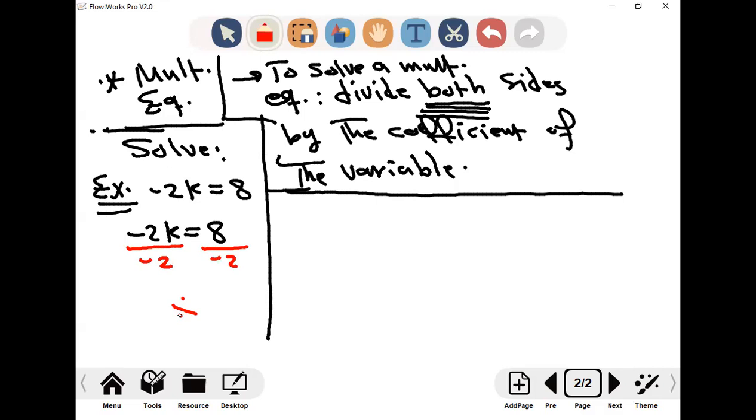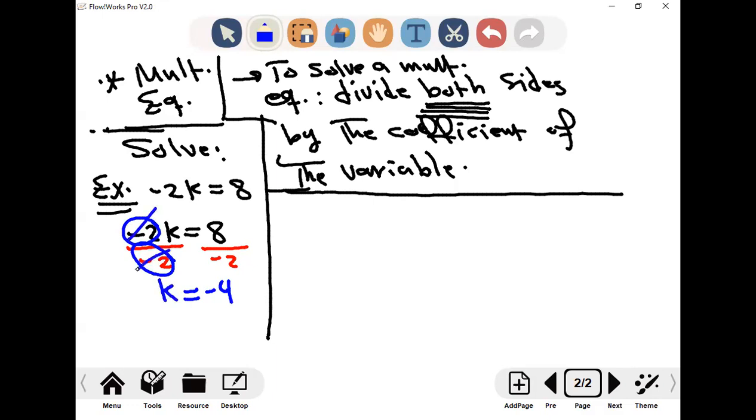Now focus. The equals sign stays. 8 divided by negative 2. Negative 2 divided by negative 2 is positive 1. Positive 1 times k.